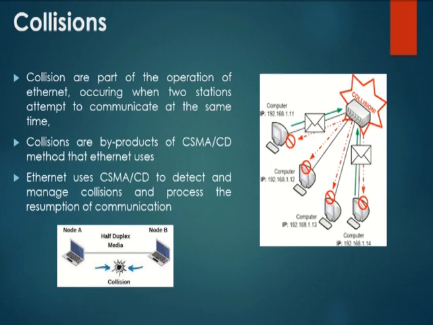Despite listening to see if the media is free, stations may transmit simultaneously. If two or more stations on a shared media transmit at the same time, a collision occurs and the frames are destroyed. When the sending stations recognize the collision event, they transmit a special jam signal for a predetermined time.